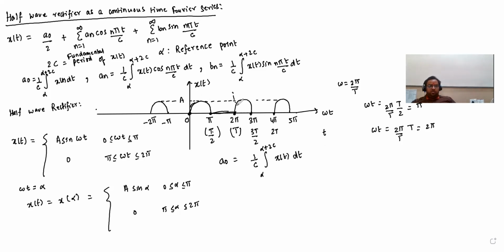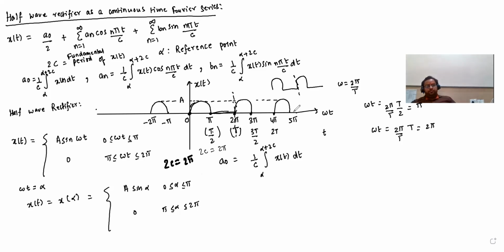This is essentially the point where this waveform is repeating. This part, then this part, and so on. This way, this waveform is getting repeated. So we have 2c is equal to 2 pi.